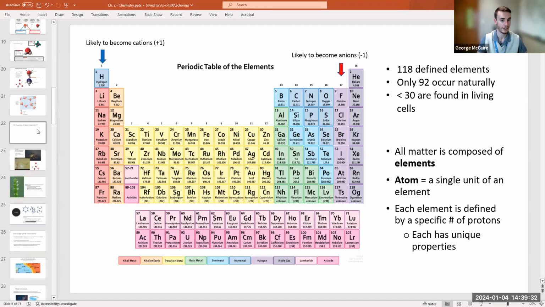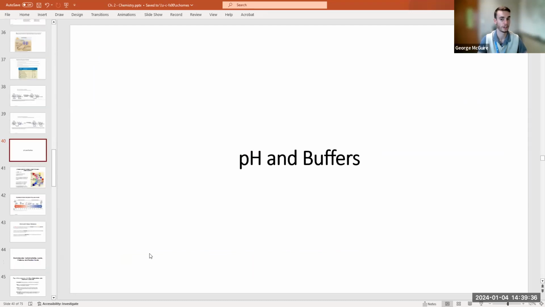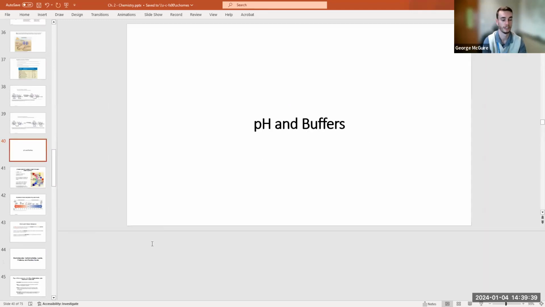And so hydrogen ions can either be a proton themselves or an electron themselves. So these hydrogen ions can be 1 proton, which would be H+, or 1 electron, H-, right?